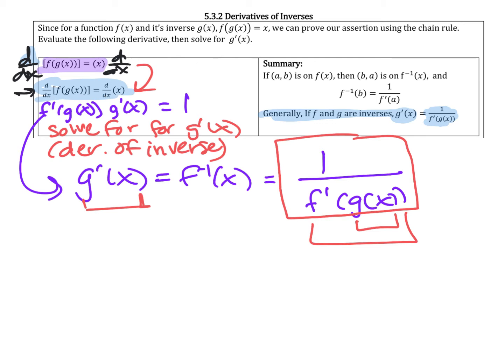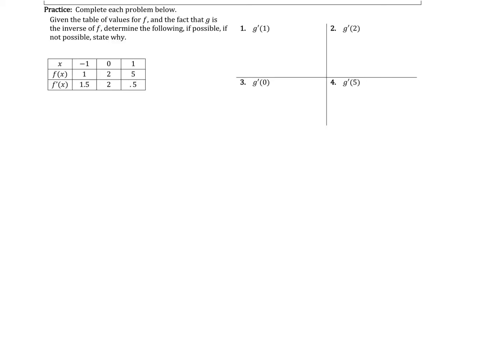So let's look at some practice problems. Okay, given the table of values for f and the fact that g is the inverse of f, determine the following if possible, and if it's not possible, state why. So this problem is talking about f and g being inverses, so I'm just going to make a little note to myself here.